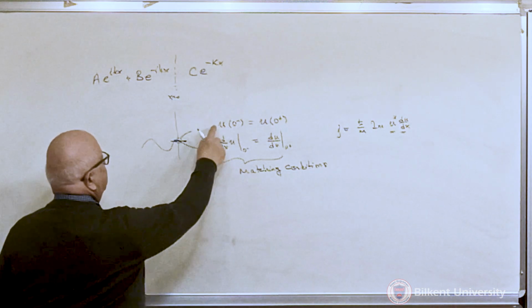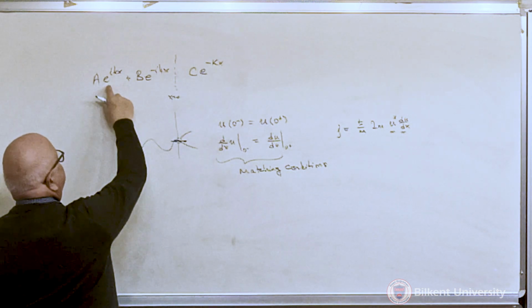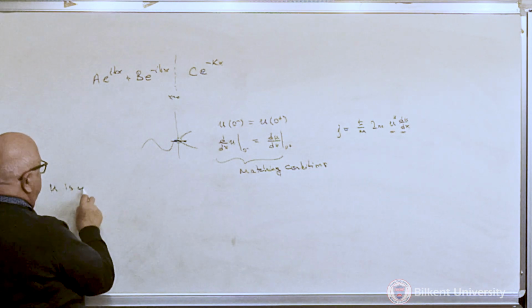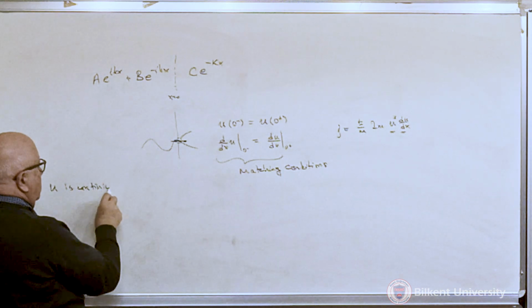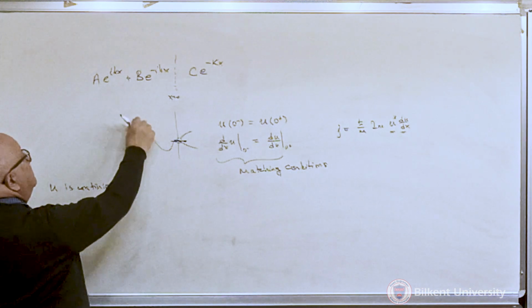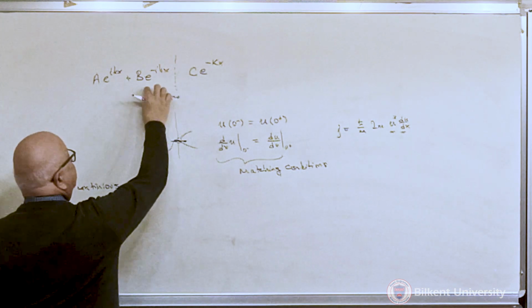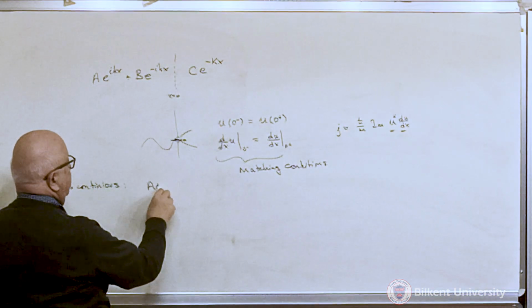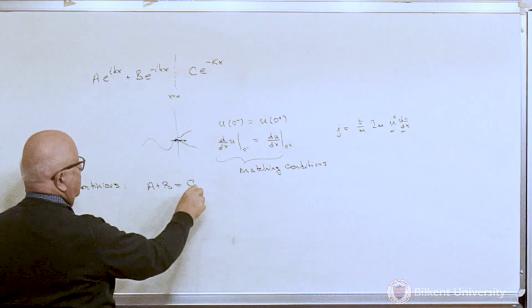Let's just apply them. So u is continuous, which means at x equal to 0, these things have the same value. So A plus B is equal to C.